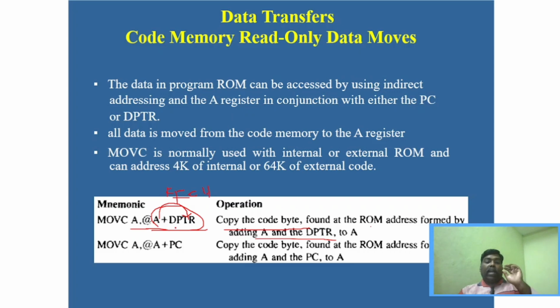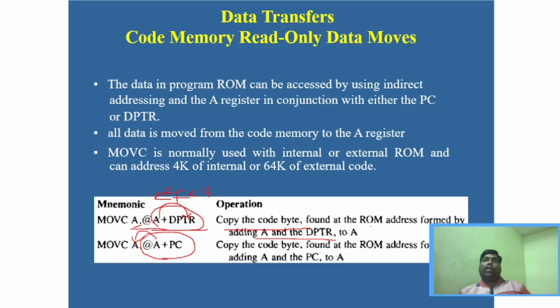Then we have to go to this particular memory location, get that content, and move that content to the accumulator. Similarly here, we have to calculate the memory location using the accumulator value and the program counter, and then that content is moved to the accumulator, right? That is the MOVC instruction.